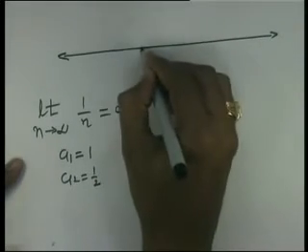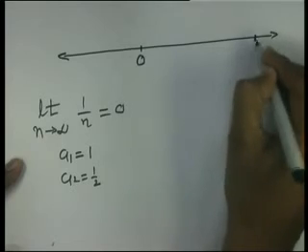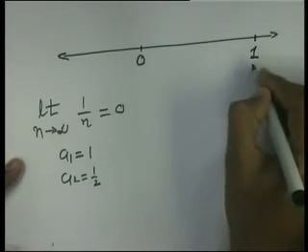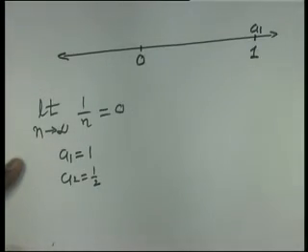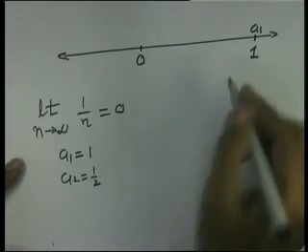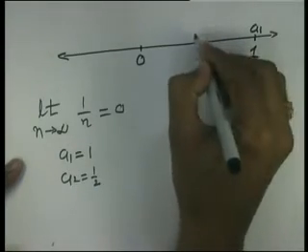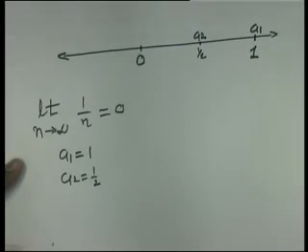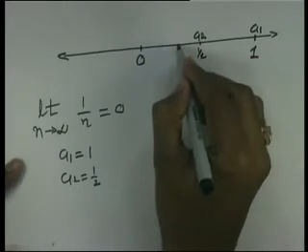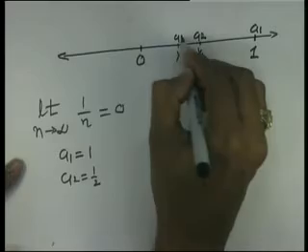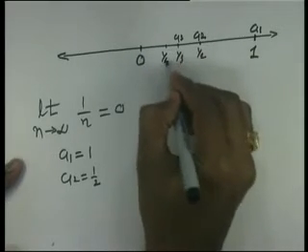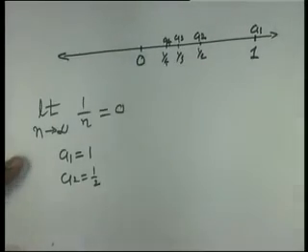Let us write 0 somewhere and 1 somewhere. This is our first term of the sequence. At half of the portion it is 1/2, so the second term is a2. At 1/3 is a3, at 1/4 is a4, and so on. So we can see that this sequence has a finite approach, and it is approaching the number 0.